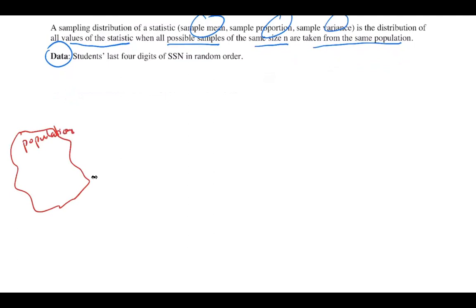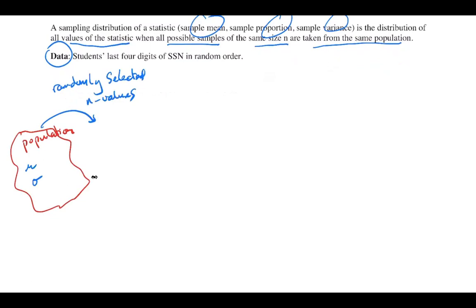So let's say this is the population. From this population, it probably has some sort of mean and sigma. We don't know what the values of mean and sigma would be. The first thing we do is randomly select n values.